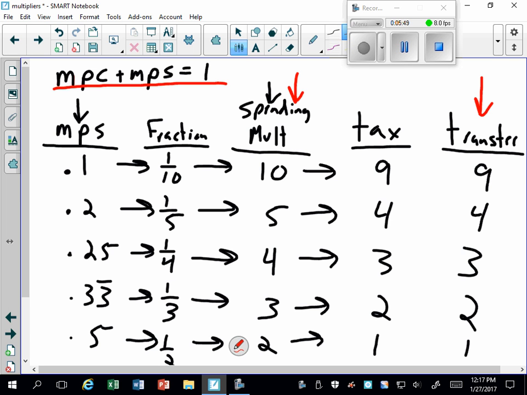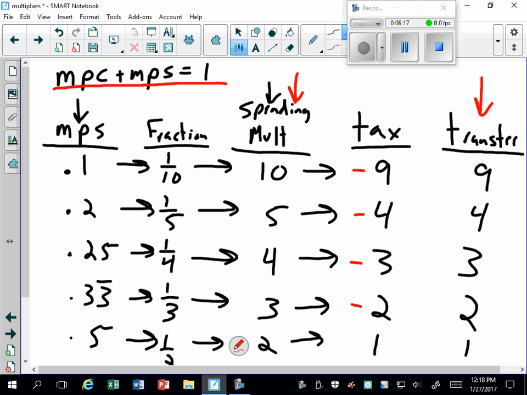Tax is indirect. It's the opposite. If you raise taxes, you're going to lower real GDP because people have less money to spend. If you lower taxes, it's going to raise real GDP because people will have more disposable income to spend because you lowered their taxes. So the spending multipliers and the transfer multipliers are always considered positive. The tax multiplier, as a rule, is negative.